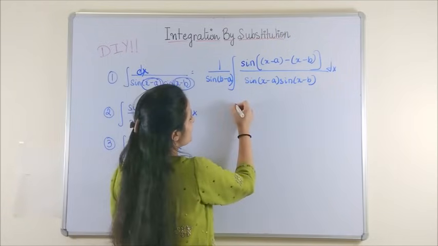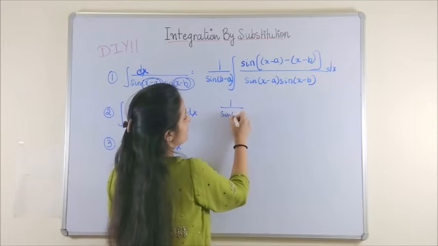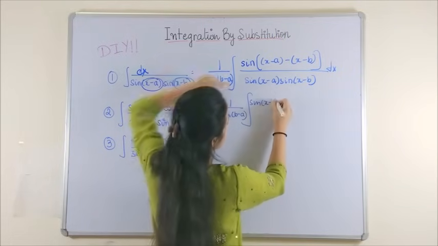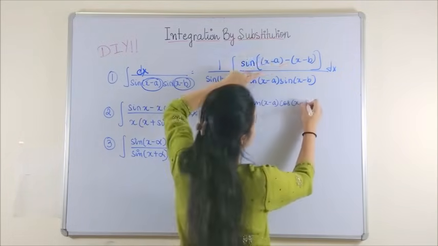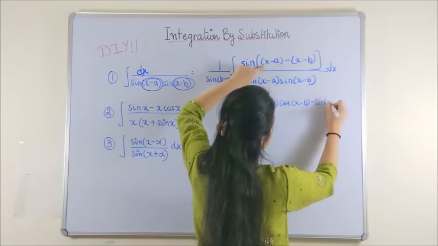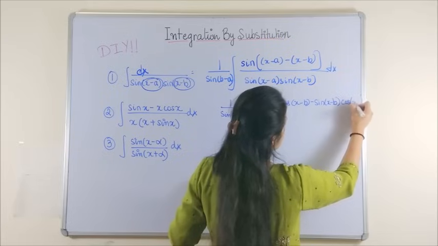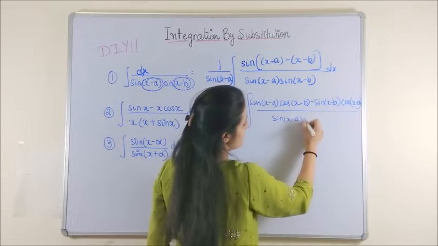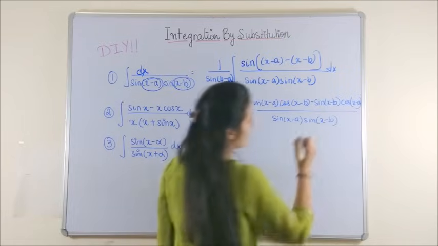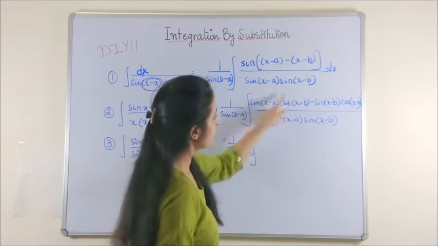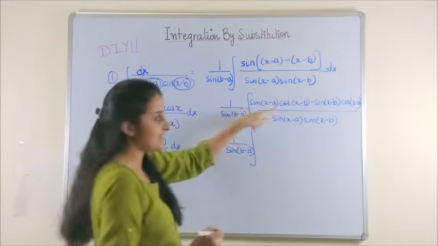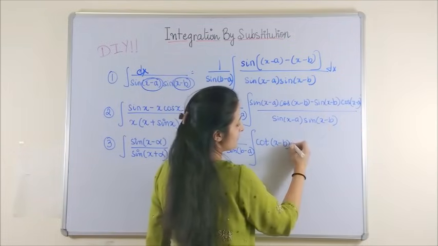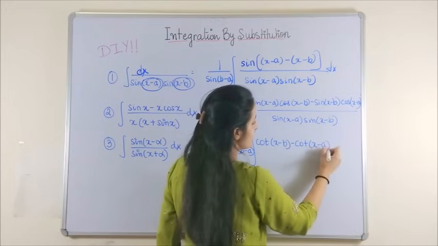Once you expand, this is your 1 upon sine B minus A. Once you expand the numerator, this gives us sine x minus A into cos x minus B minus sine x minus B into cos x minus A upon sine x minus A into sine x minus B. Now separating out the terms, from the first expression sine x minus A gets cancelled and you're left with cot of x minus B, and from the second expression we'll be left with cot of x minus A.